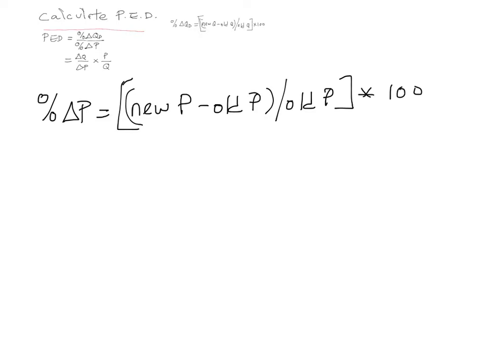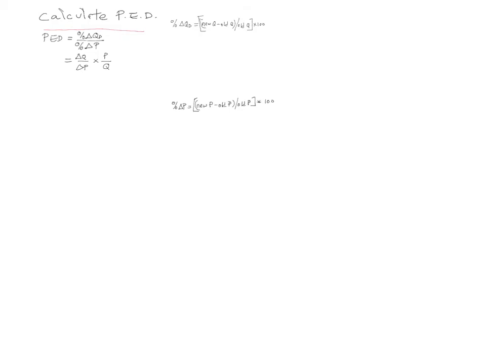So now we have both of our formulas. We calculate each one, and once we have the figures, we simply put them in here, and we get our price elasticity of demand.